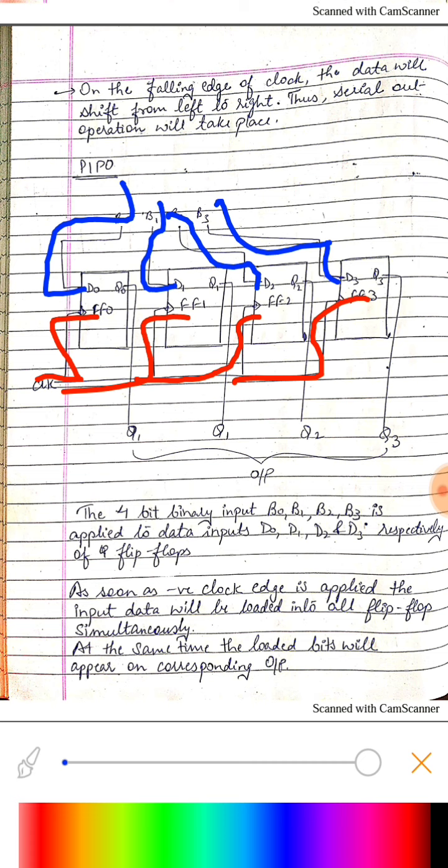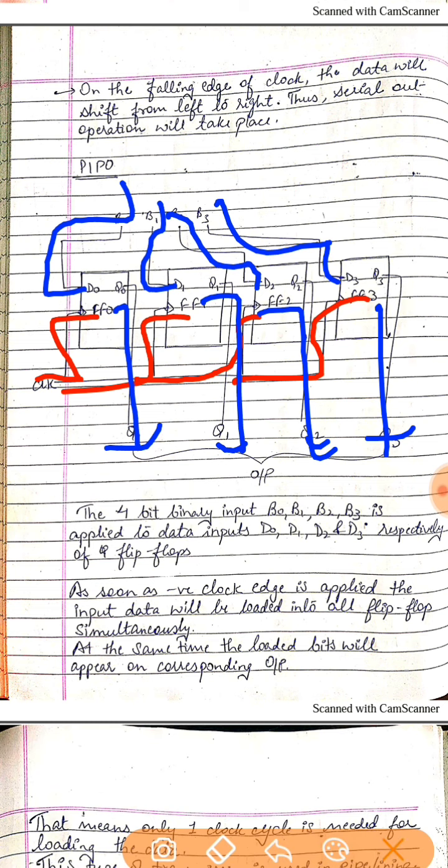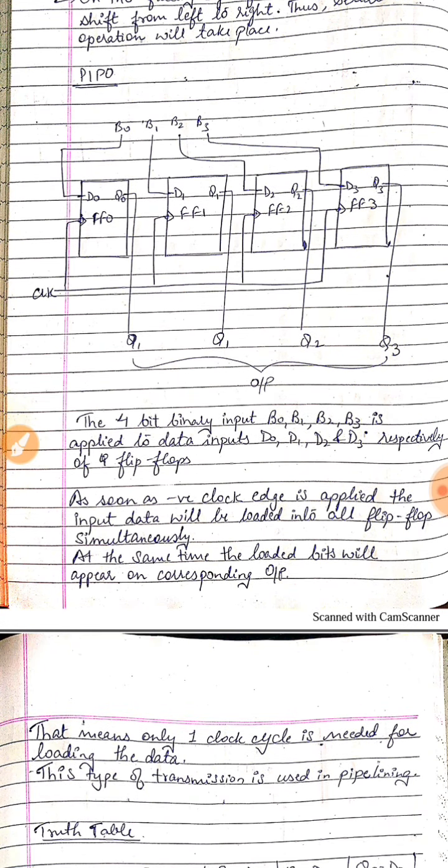As soon as the clock is applied, we can get the output simultaneously at all the flip-flops. That means only one clock cycle is needed to load the data. This type of transmission is used in pipelines.